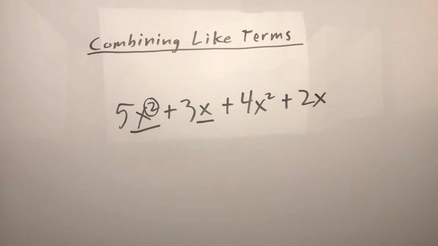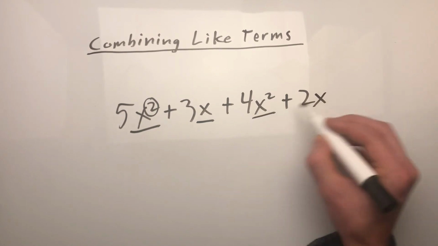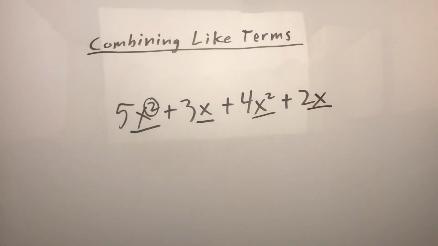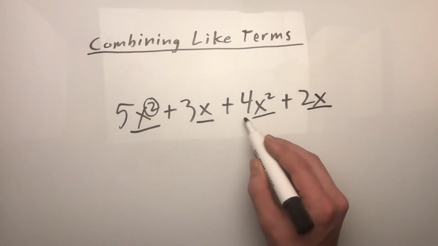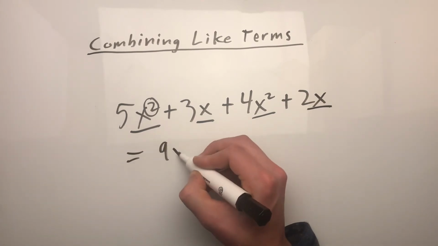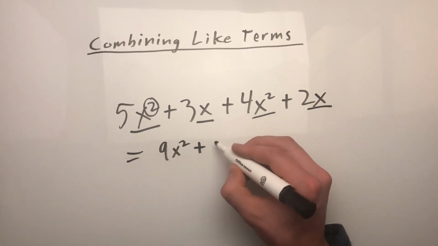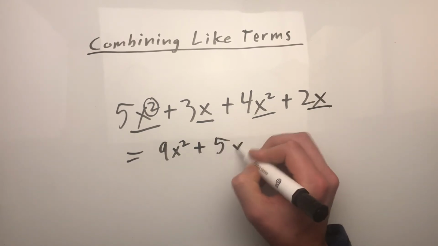So we treat it like the x and y expression that we had, where the x and x squared are different terms. So to combine like terms in this expression, we do 5x squared plus 4x squared, which gives us 9x squared, and then 3x plus 2x, which gives us 5x.